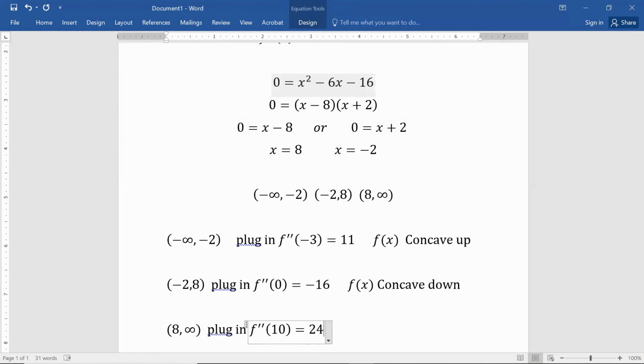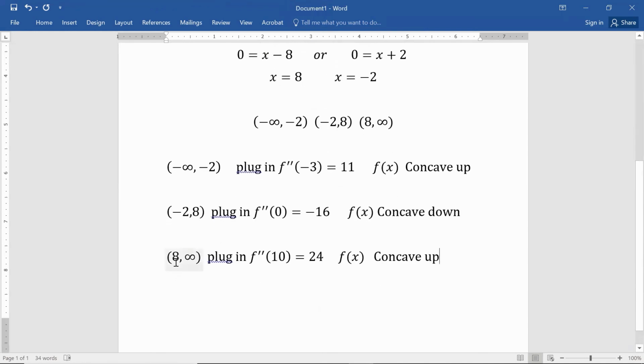That gave me a positive 24. So my function, I know, is concave up in the interval from 8 to positive infinity. And that tells you where this function is concave up and where this function is concave down.